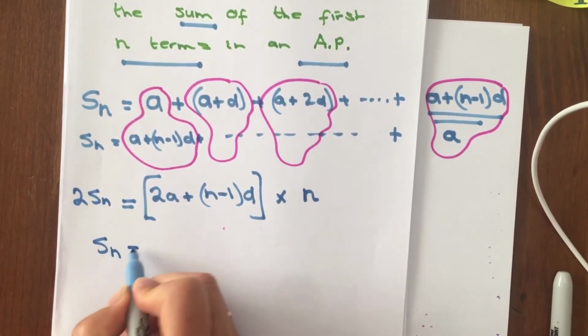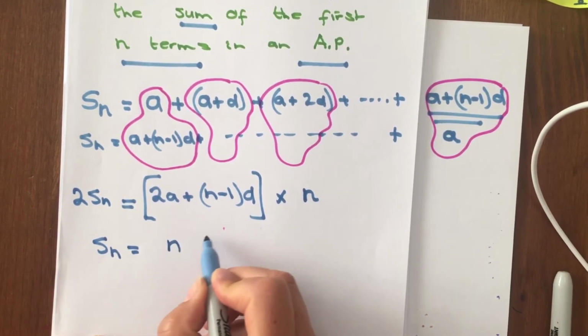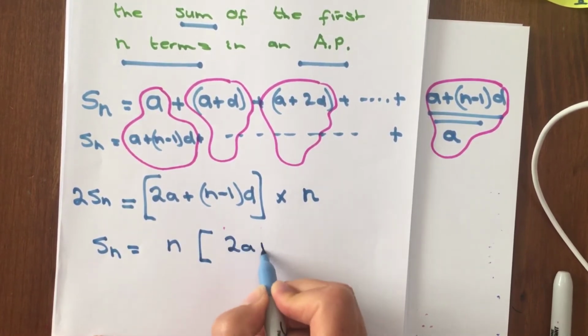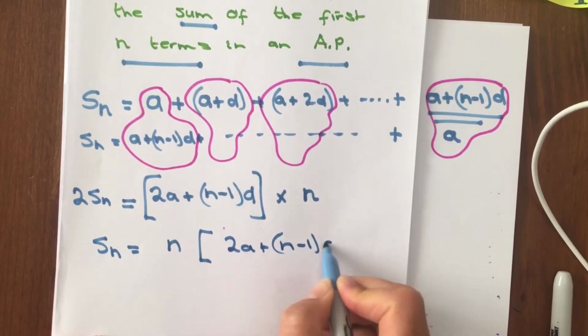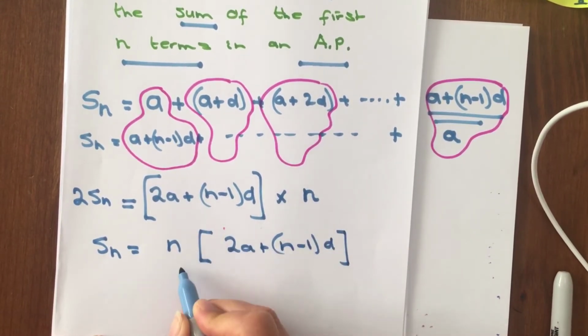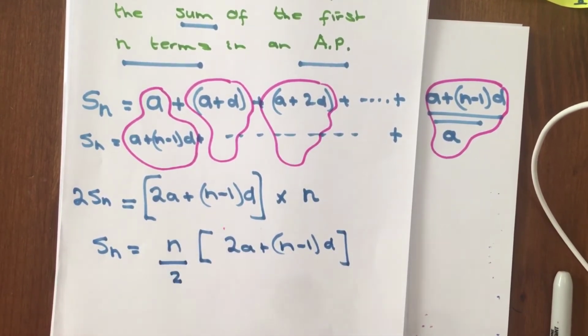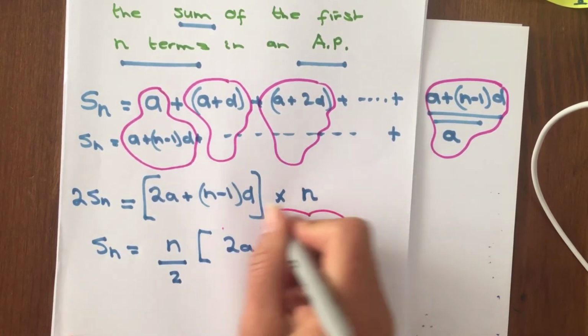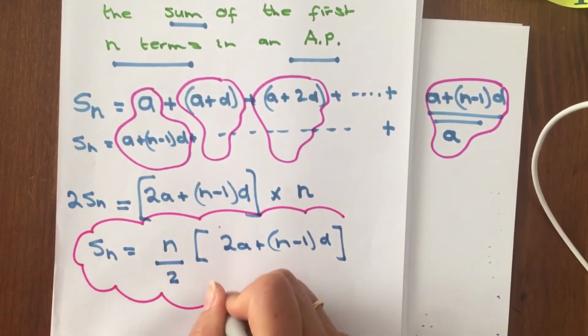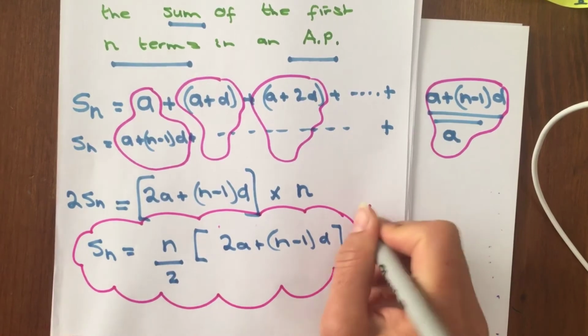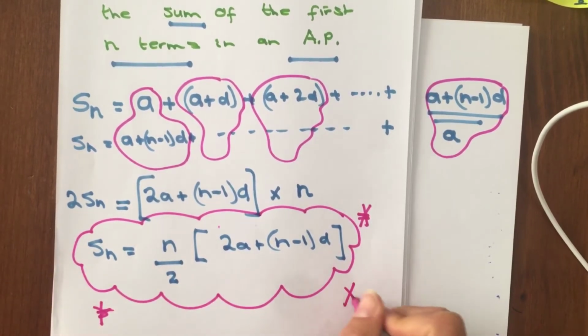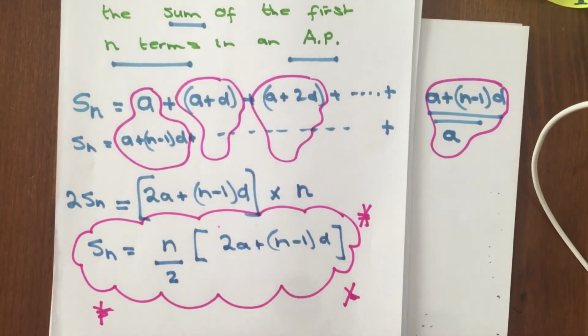So the rule for the sum to n terms is this. Just move the n to the front, and I've got to divide by 2. Now, you need to know and you need to remember this. You've got to know this and you've got to know this proof. So can you write that down in your books, please?